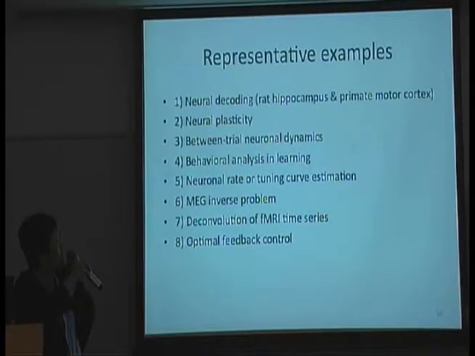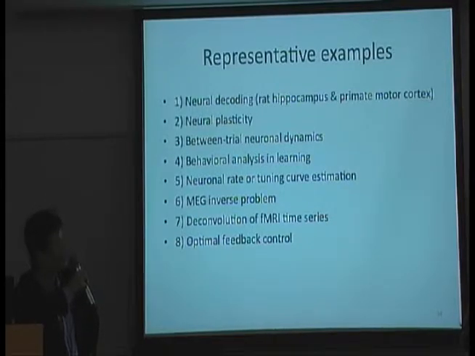The fourth example involves behavior analysis in learning, dealing with either animal or human subjects. That example involved deep brain stimulation, where the subject is required to perform certain tasks, and then how to model that data.